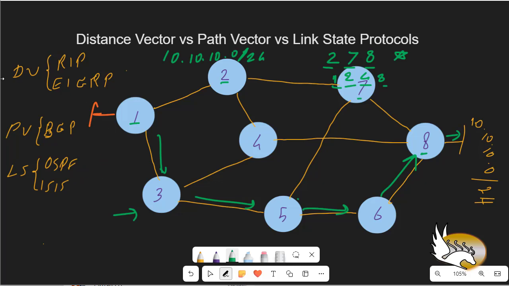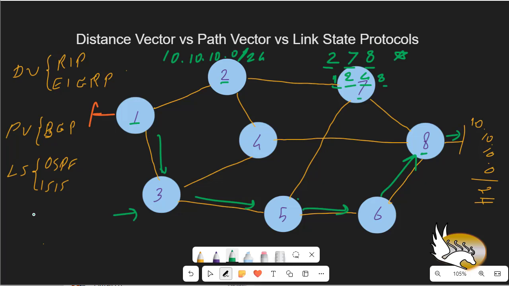The distance vector protocol calculates the metric based on some values. They do not have any information about what is happening beyond the neighboring router. Link state protocols have full information of all the routers, whether neighboring or not, inside their area.